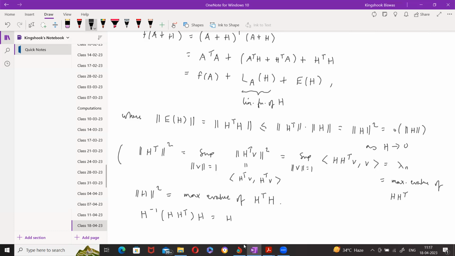This gives me H H transpose, right? Yes, sir. So if H is invertible, the two matrices are conjugate, so they have the same eigenvalues.